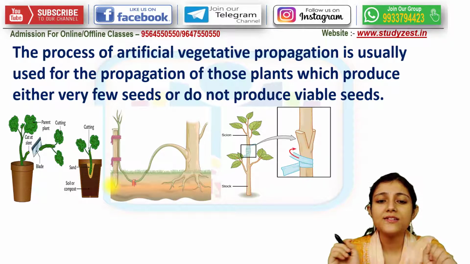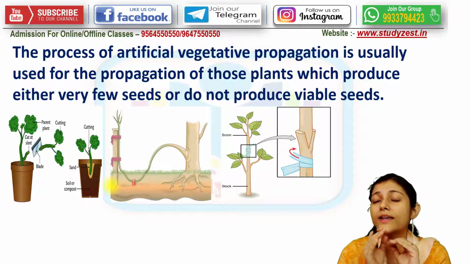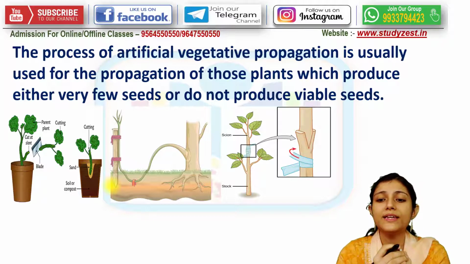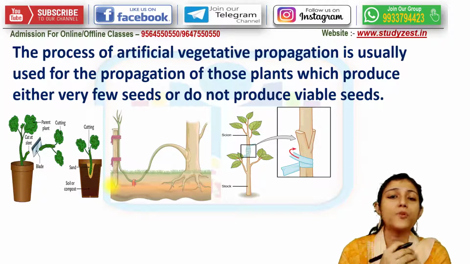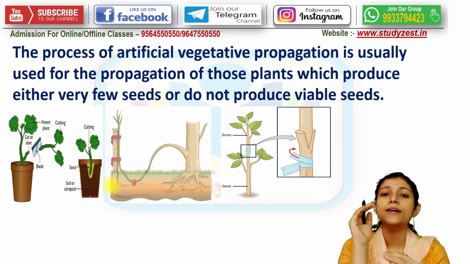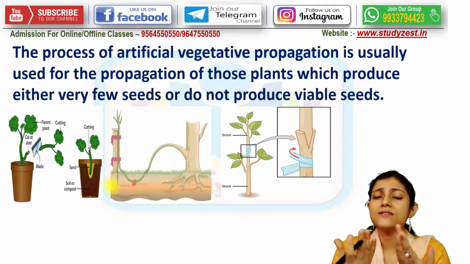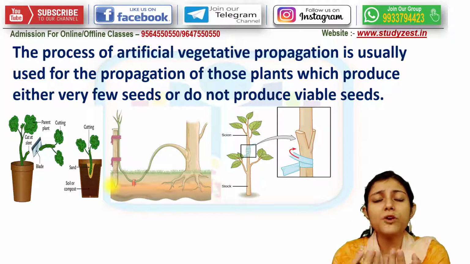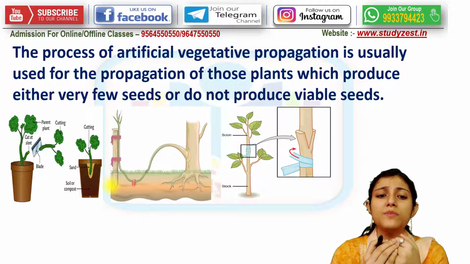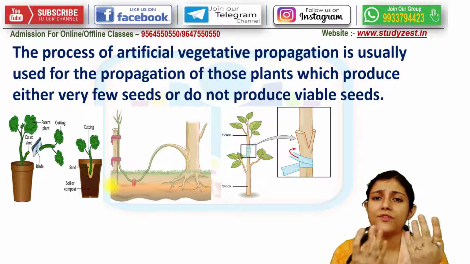If they are not producing viable seed, they cannot perform sexual reproduction. So in that case artificial vegetative propagation is very essential for them. Likewise, if they produce a very small number of seeds and these are not able to germinate properly, then that will be useless.